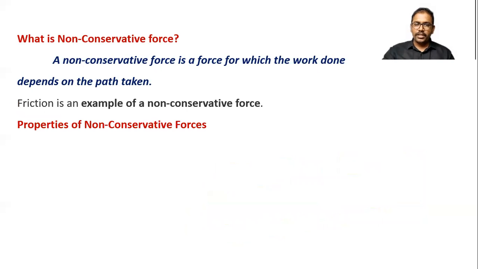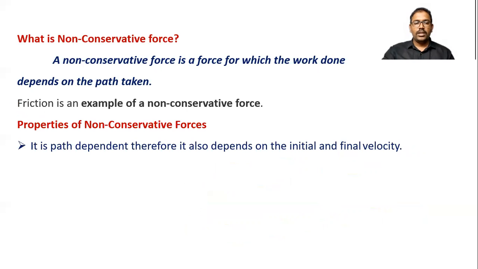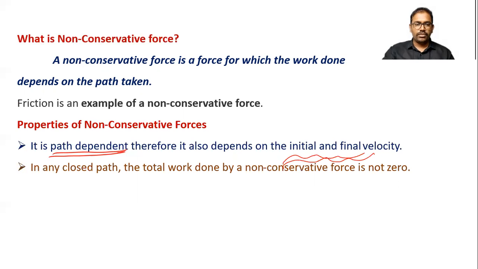Now let's see the properties of non-conservative forces. The first property is that it is path dependent. Therefore, it also depends on initial and final velocity, or initial and final position also.